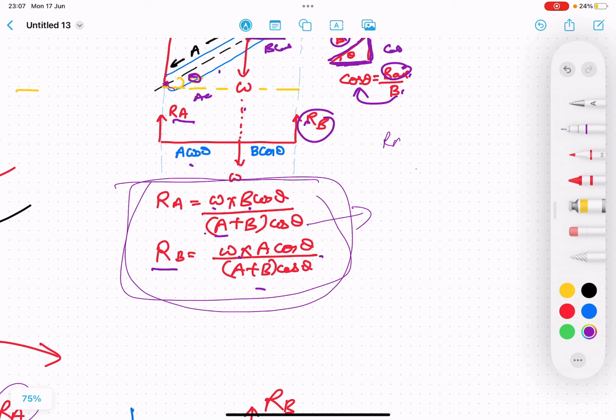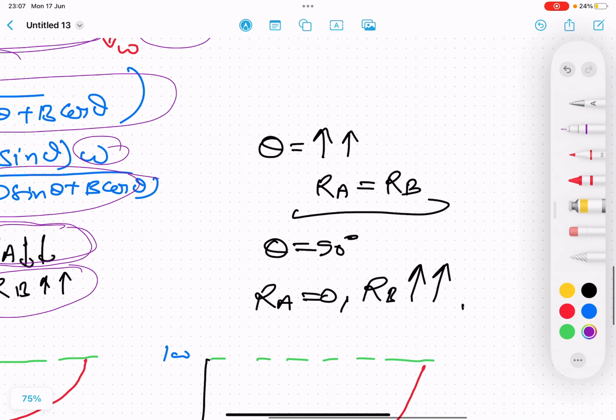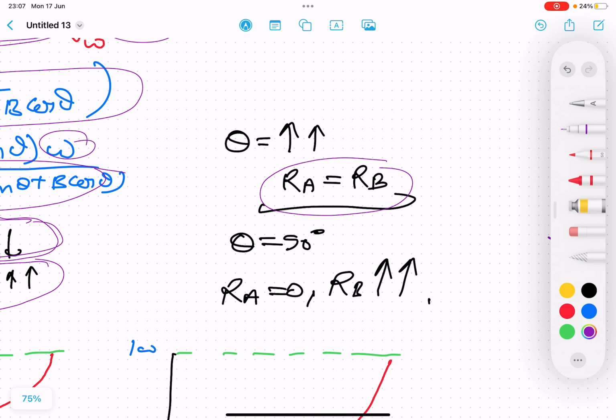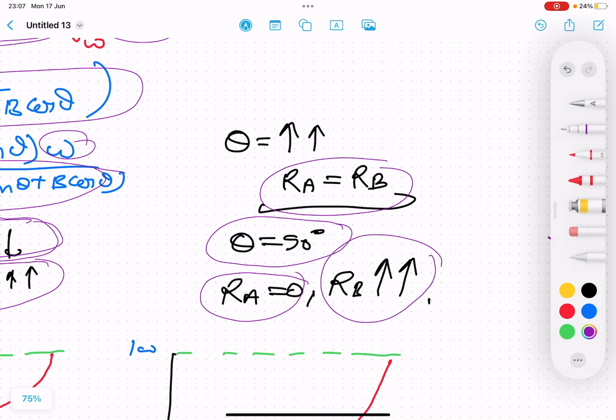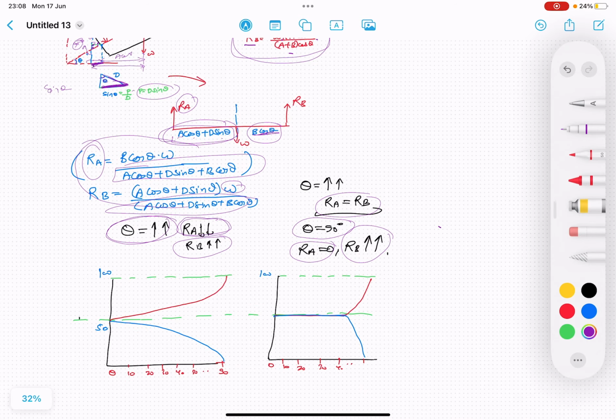The value of Ra keeps the same, the value of Rb keeps the same. As the theta increases, Ra is equal to Rb almost. Okay, and when the theta becomes equal to 90 degrees, then suddenly Ra becomes 0 and Rb completely, the full load transfers to the main crane. Here there is basically a sudden transfer of load.